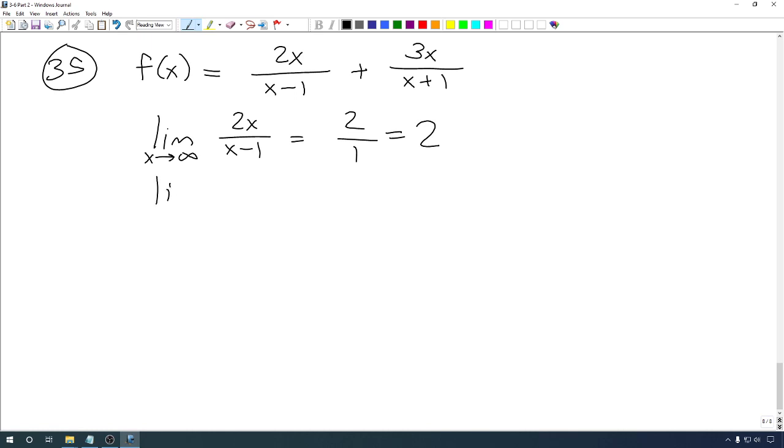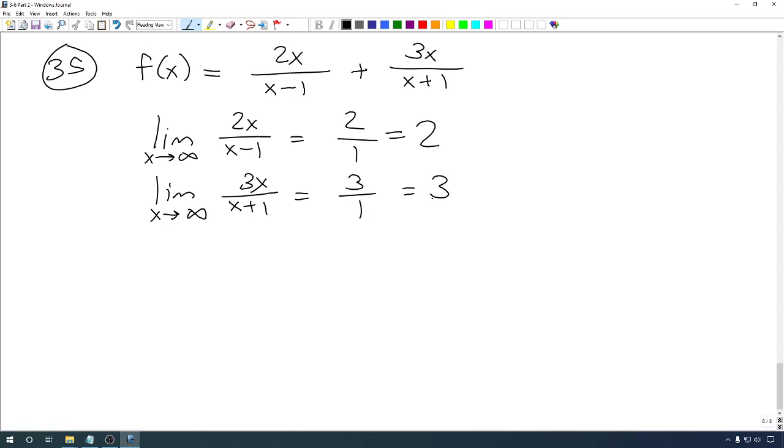We can do the same thing for 3x over x plus 1. Remember here, we have degrees of 1 on top and bottom, so we expect to get some limit here. The leading coefficient of the top is a 3. The leading coefficient of the bottom is 1.